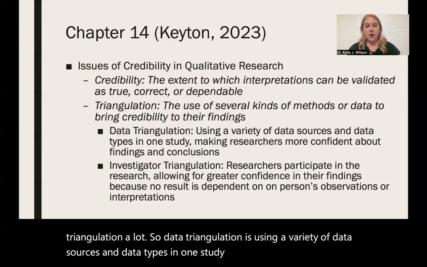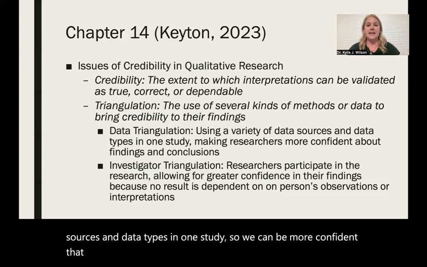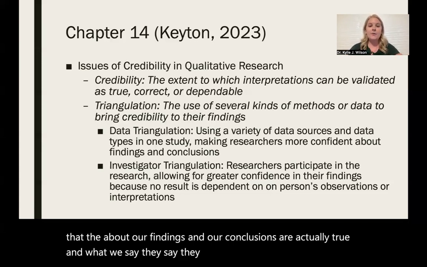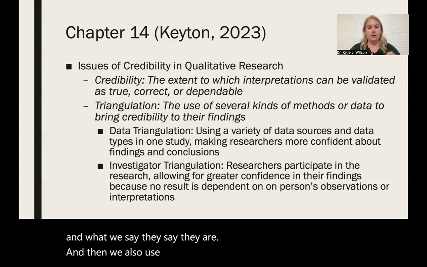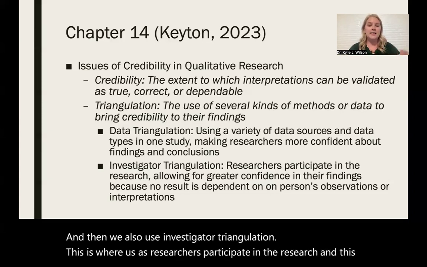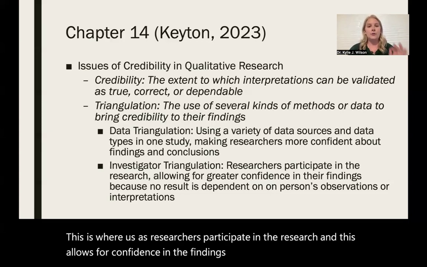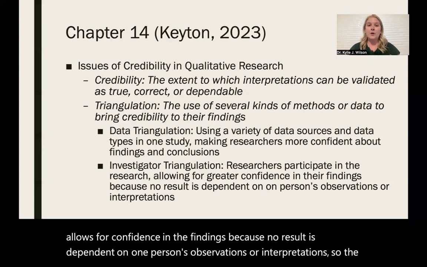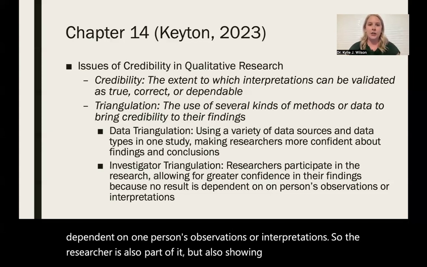So we can be more confident that our findings and our conclusions are actually true and what we say they are. And then we also use investigator triangulation. This is where us as researchers participate in the research. And this allows for confidence in the findings because no result is dependent on one person's observations or interpretations. So the researcher is also part of it, but also showing, yes, this is a legit thing.